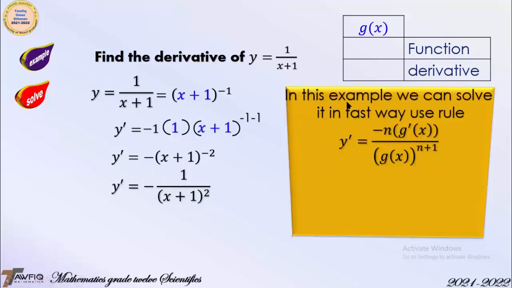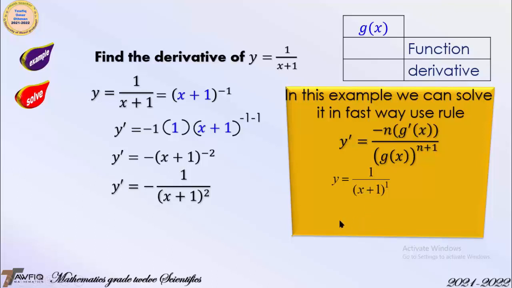In this example, we can solve it in a faster way using the rule y prime is equal to minus n g prime of x over g of x to the power n plus 1. As we know, the function at the denominator, its power is 1. Then n is 1.